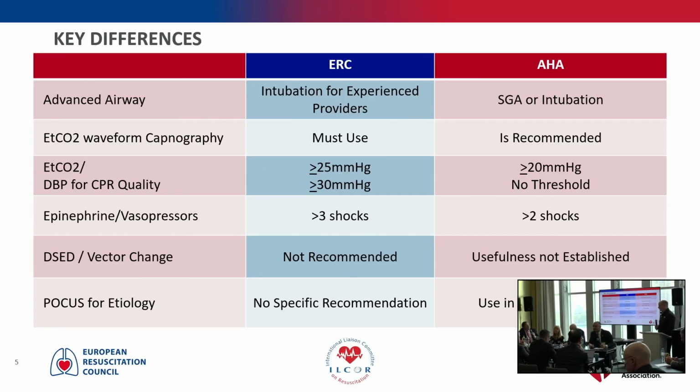And so with that, there's, I think, in the AHA guidance, certainly the ability for experienced providers who are successful to do endotracheal intubation, but there is more equivalence given to the supraglottic airway simply because we have many providers who will go a very significant amount of time without providing that psychomotor skill.